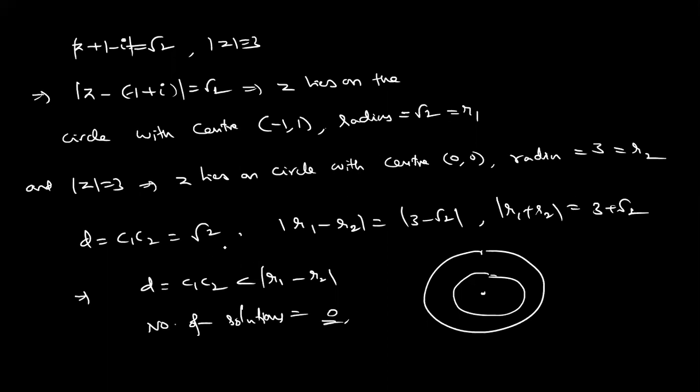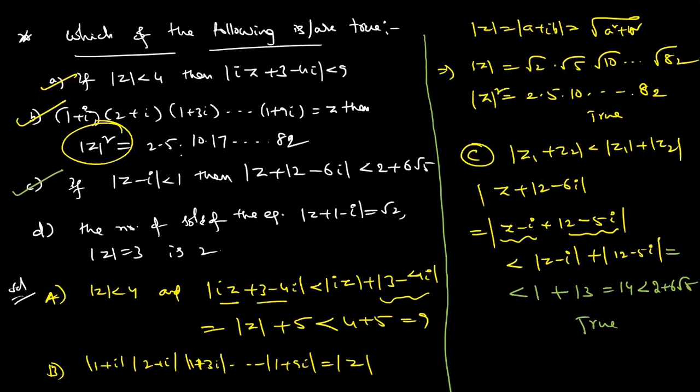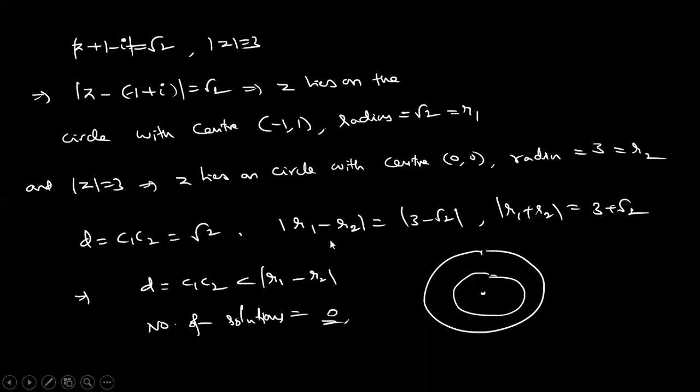But what is given here? The number of solutions is 2. So it is false. That is the answer. So what options are correct? Only options A, B, C are true.